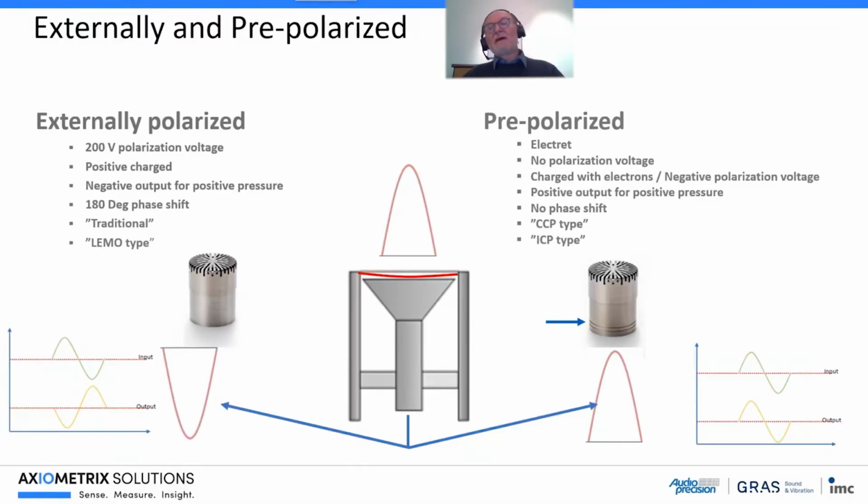These microphones are also very often called CCP type or ICP type. CCP and ICP type is again about the preamplifier we are using together with these microphones. CCP means constant current powered preamplifiers.